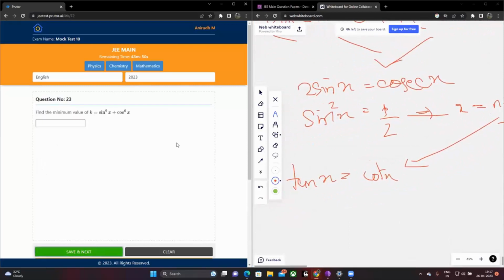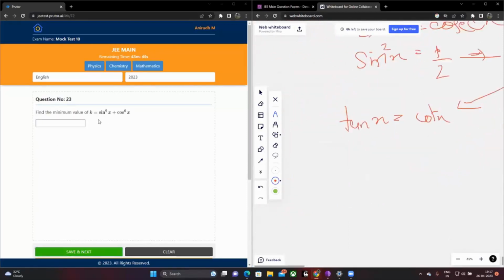That's right. Find the minimum value of k equals sin to the power 6x plus cos to the power 6x. A general rule to follow is that the minimum of sin to the power n plus cos to the power n is usually at x equals pi by 4, right? A way to check is differentiation, where I'll do the long method for you, right?